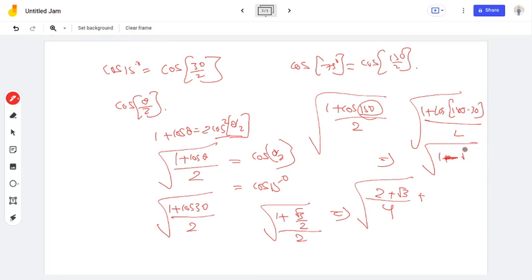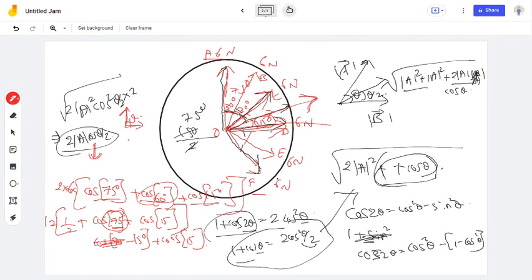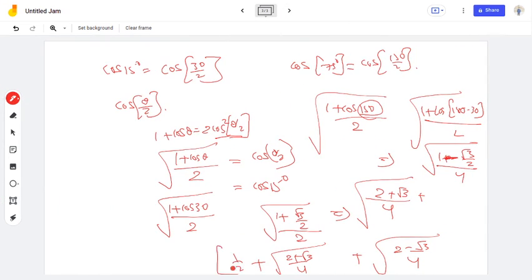Cos 30 is root 3 by 2. So the square root of (2 minus root 3) by 4, plus the square root of (2 plus root 3) by 4, plus 1 by 2, into 12. This is our answer, which makes an angle of 15 degrees with the x-axis. So this is the resultant of all these vectors.